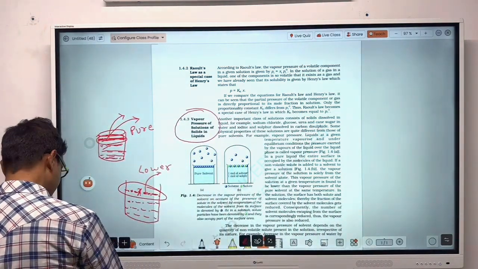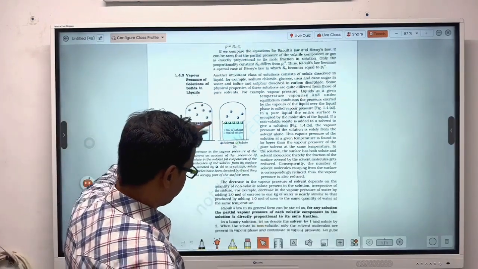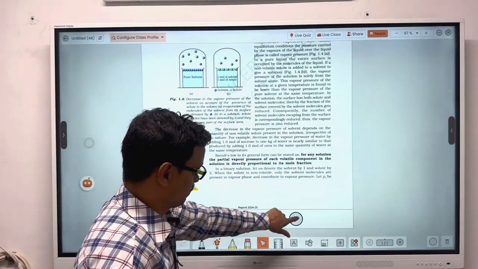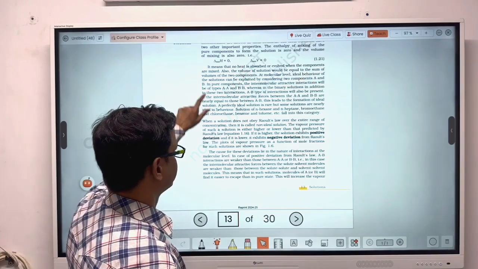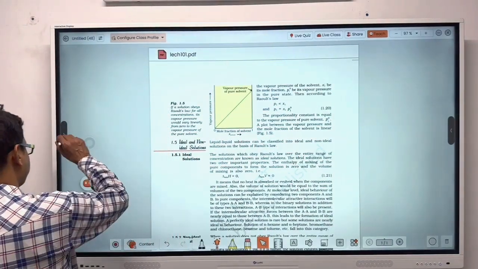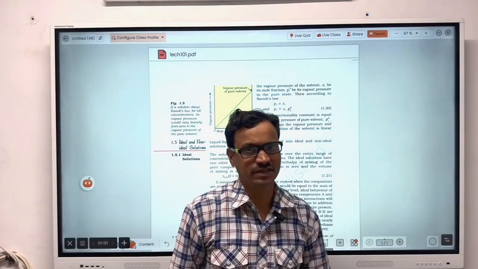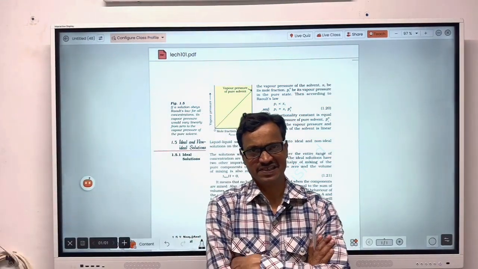So the question asked is, why is the vapor pressure of a solution lower than that of a pure liquid? That's a question asked in the 12th board examination. The question will be "give reason".